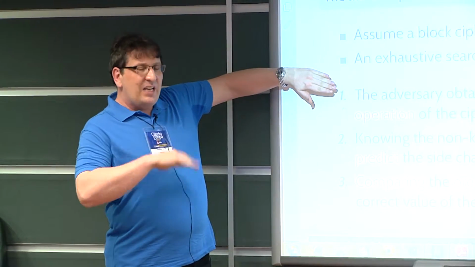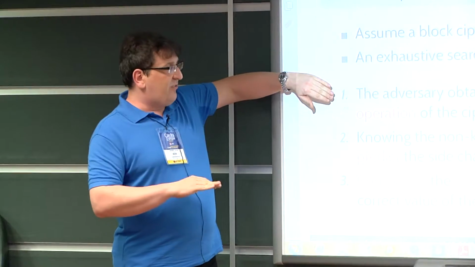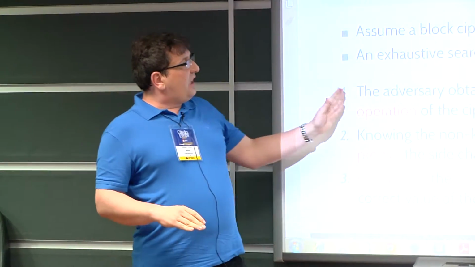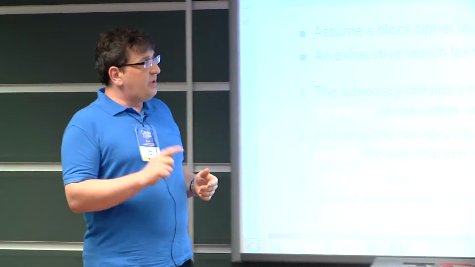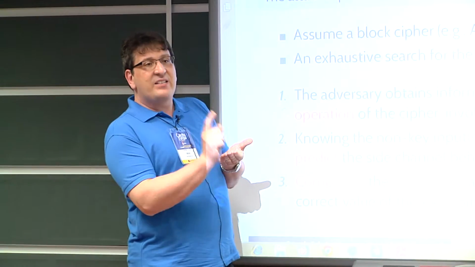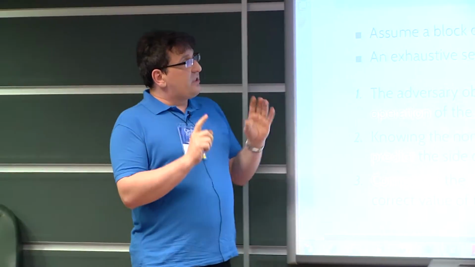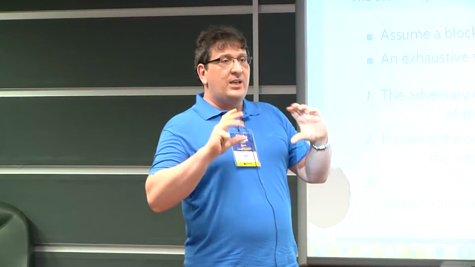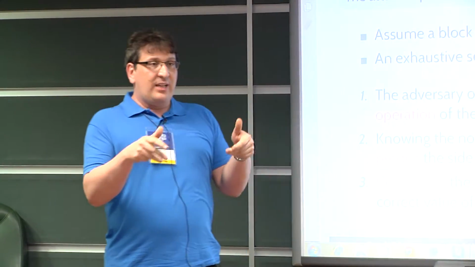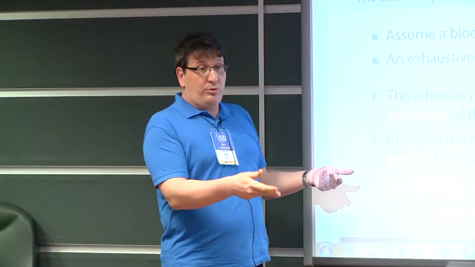From a side channel aware adversary perspective, the adversary obtains information on a single intermediate operation of the cipher involving only a few key bits, X key bits. This is because we assume that the adversary knows everything about the algorithm that the device is executing.